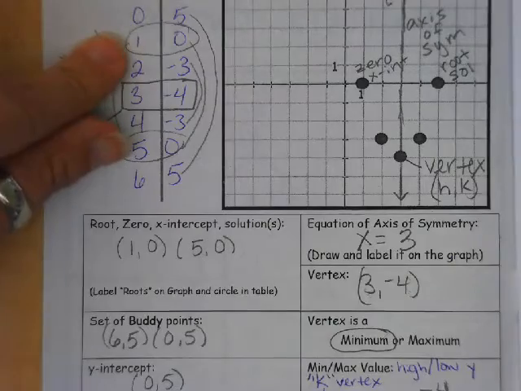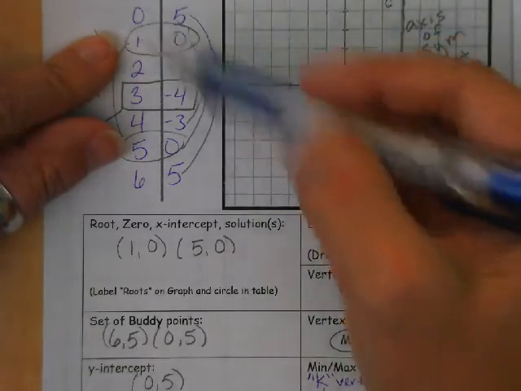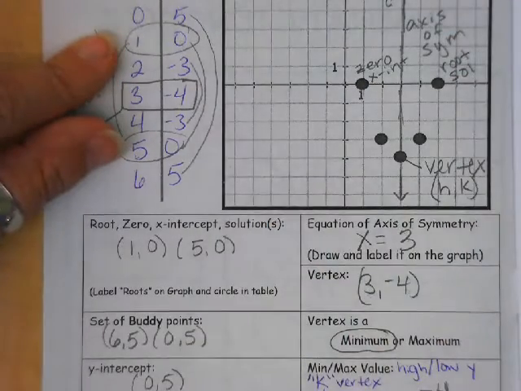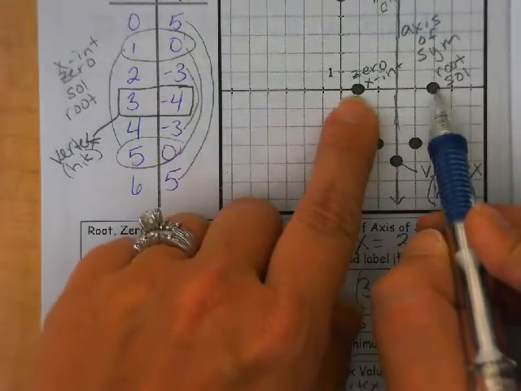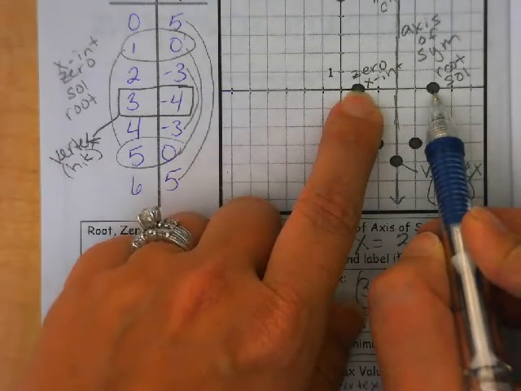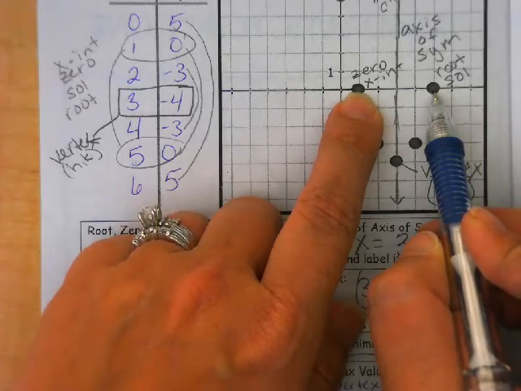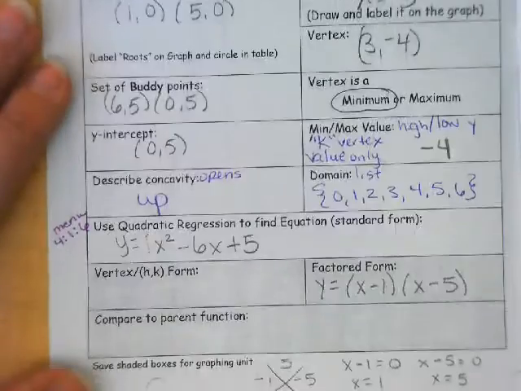Look right here. Y is 0, x is 1, y is 0, x is 5. What were those called? Buddy points, but they're also more specifically what? X-intercepts. So you can take those factors that we did in our last unit and you can find your roots.